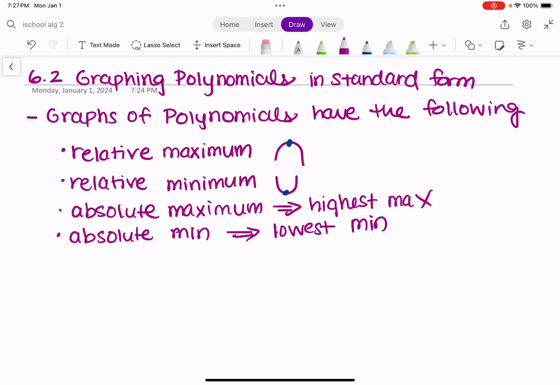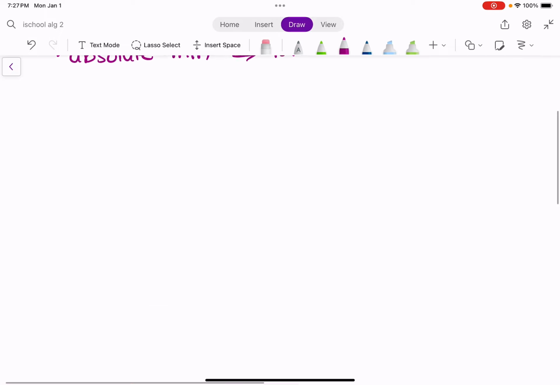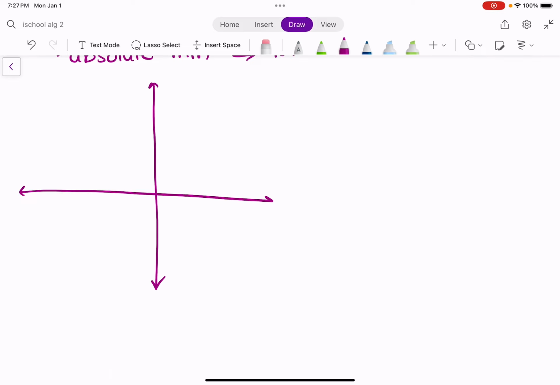Okay. So we're going to now actually define these in a graph. So let's say, for example, draw this in your notebook. Let's say we have a graph, coordinate plane, and make your graph look like this. Try to draw it similar to me, okay? So what we're going to first talk about is let's first find relative minimums.